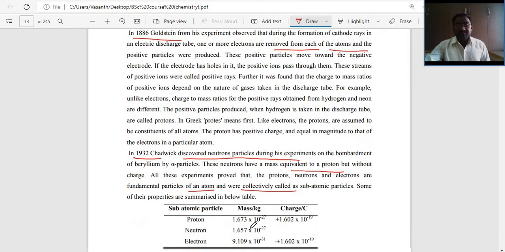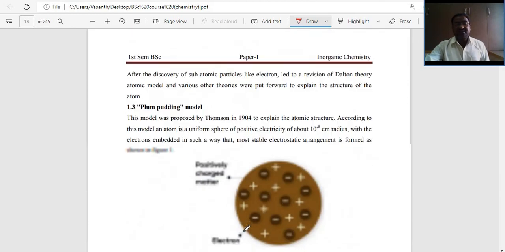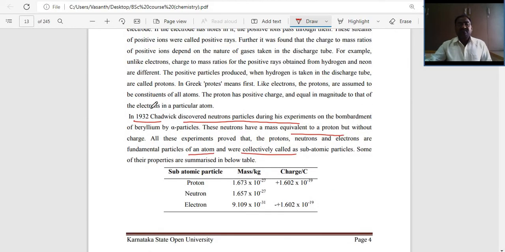In the table, to summarize the fundamental particles of an atom: for the proton, the mass is expressed in kg as 1.673 into 10 to the power of minus 27 kg. The charge is positive 1.602 into 10 to the power of minus 19.